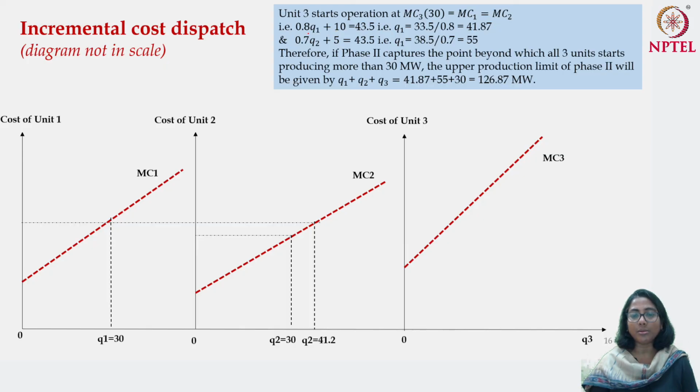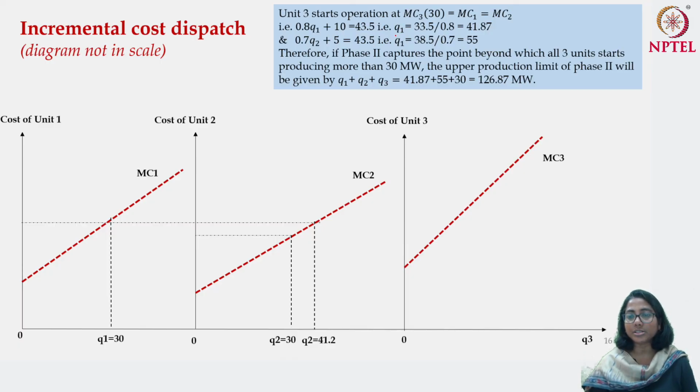This is MC1, 0.8 Q1 plus 10, being equated with 43.5, which is the marginal cost of the third generating unit at quantity 30. Also, we are equating 0.7 Q2 plus 5, the marginal cost of the second unit, to 43.5, the marginal cost at the level of production 30.